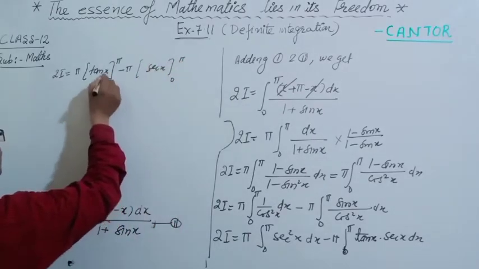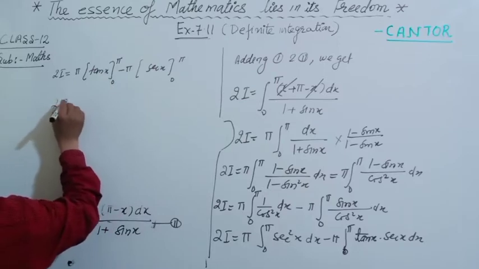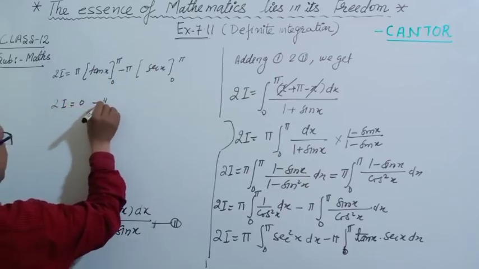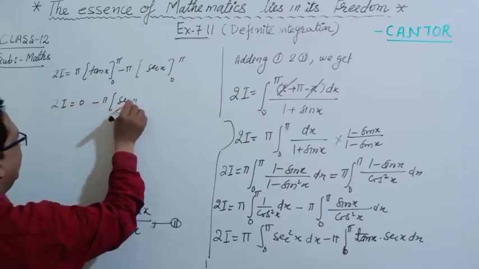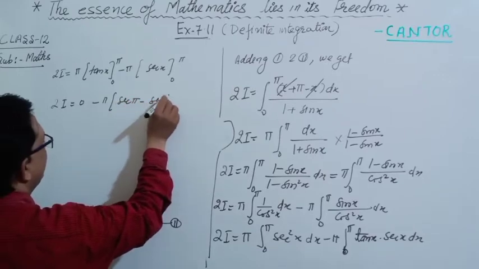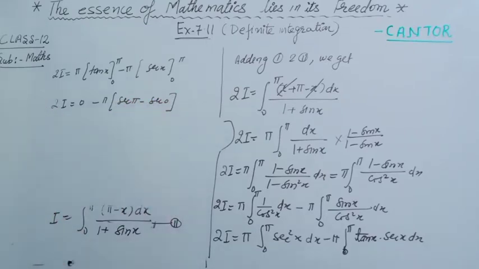Tan pi is 0 and tan 0 is 0, so the whole first expression becomes 0, minus pi times sec pi minus sec 0. So student, after putting the values of sec pi and sec 0, we get our final answer.